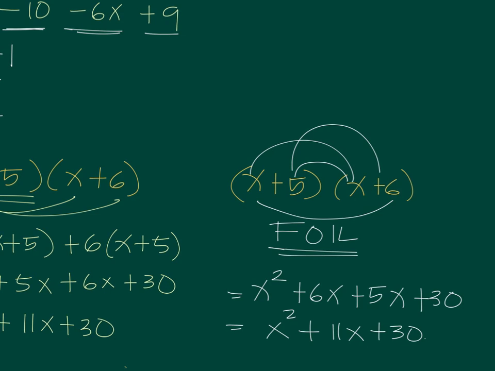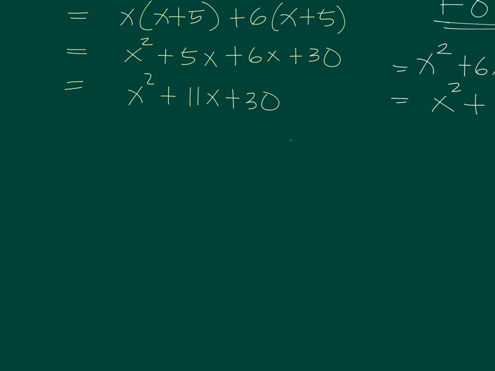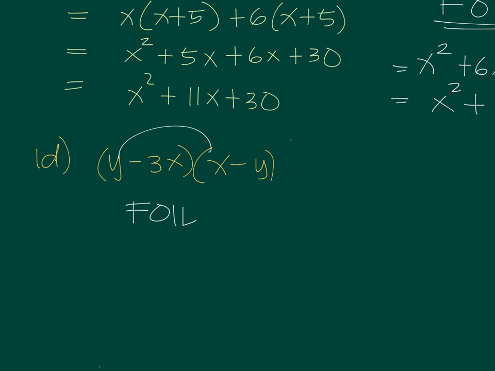Next, we have 1D. In 1D, you're given y minus 3x and then x minus y. So let's use the FOIL method here. This is y times x, xy.